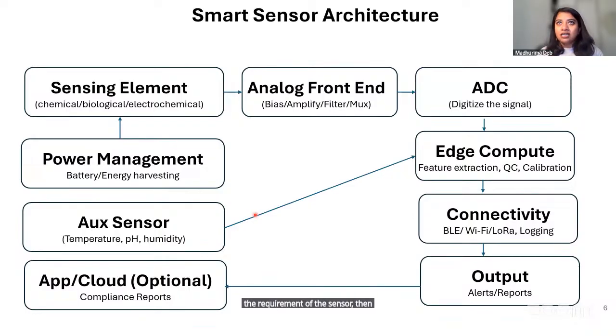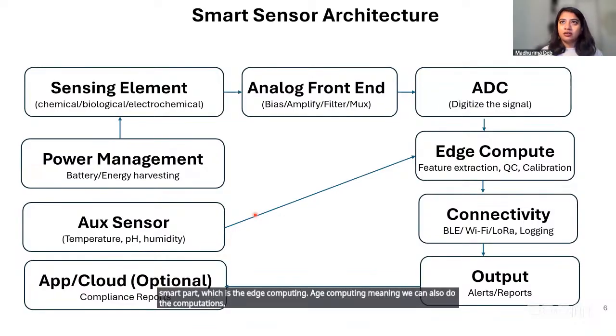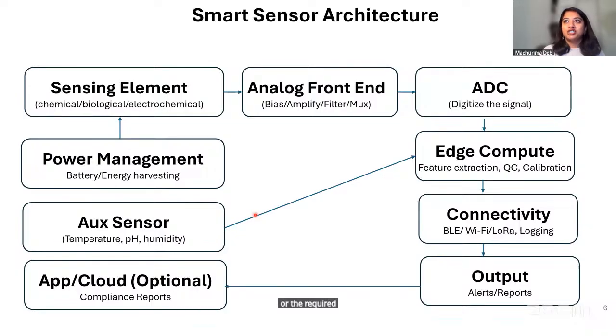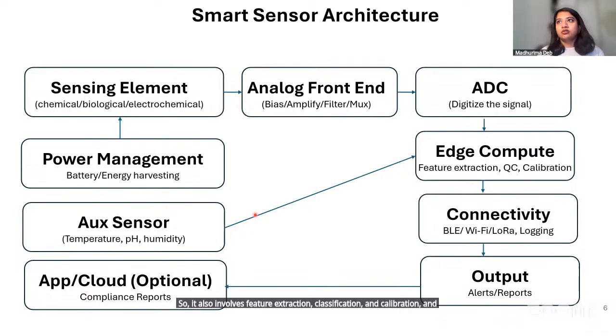Then it is digitized with the analog-to-digital converter, and then comes the smart part, which is the edge computing. Edge computing means we can do the computations or the required algorithm interventions within the device itself. It also involves feature extraction, classification, calibration, and quality control.